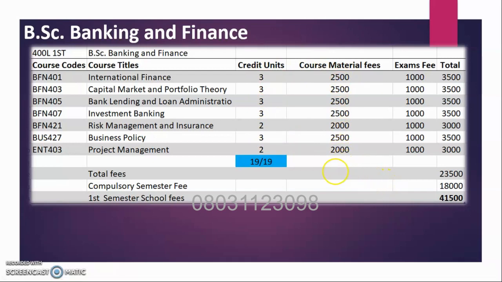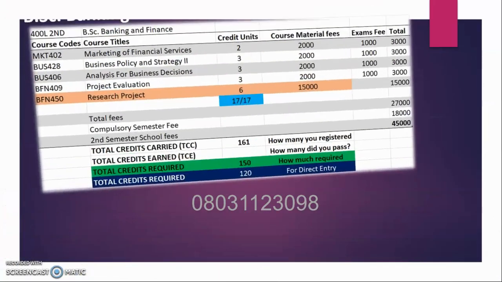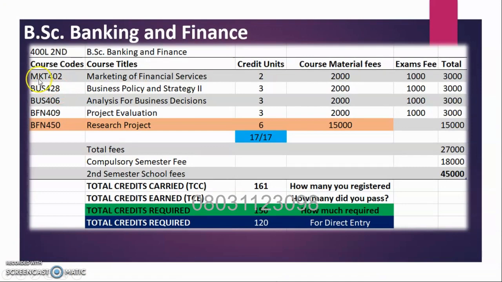Then the final semester, 400 level second semester. There you go. You have these courses to offer, and you are expected to pass all of them, including your research project of 6 credit units, which costs 15,000 to register generally in NOUN. Even if it's 2 credit units and it's a research project, it is 15,000.